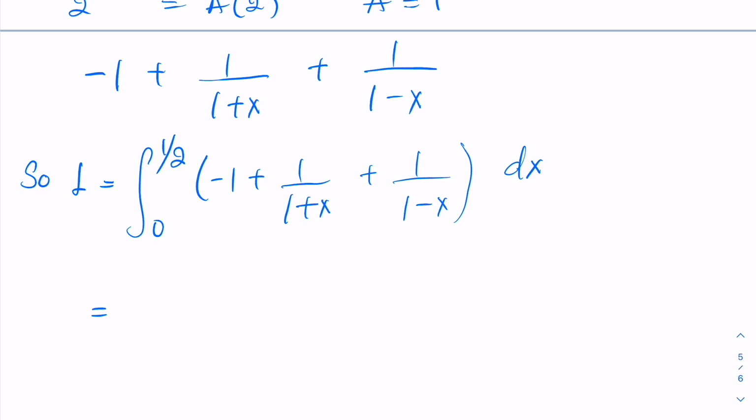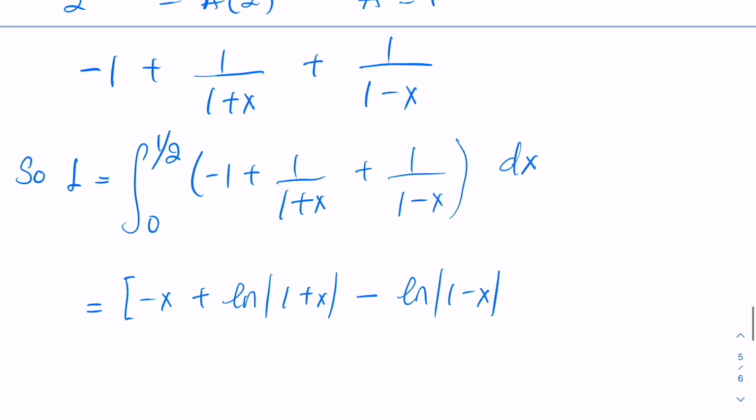When you integrate, you end up with negative x plus ln 1 plus x minus ln 1 minus x. It's because of this minus right here. So that's why I have the negatives. And we integrate from 0 to 1/2.